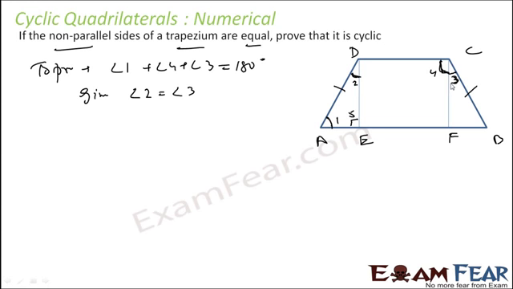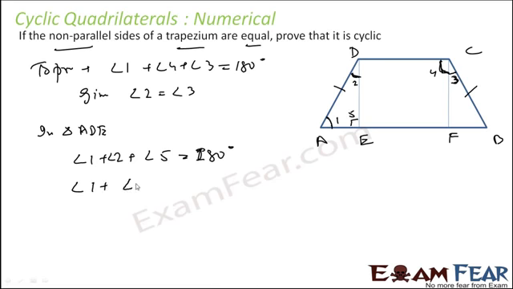Now let's say in triangle ADE, angle 1 plus angle 2 plus angle 5 is what? 180 degrees, by the angle sum property. So instead of angle 2 I can say angle 3. Angle 5 I can say angle 4, because angle 5 and 4 are the same.